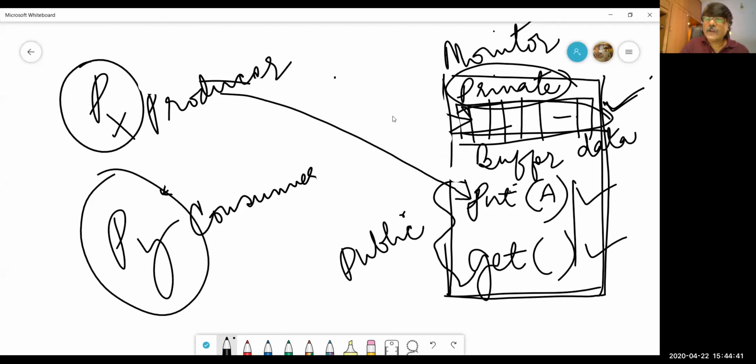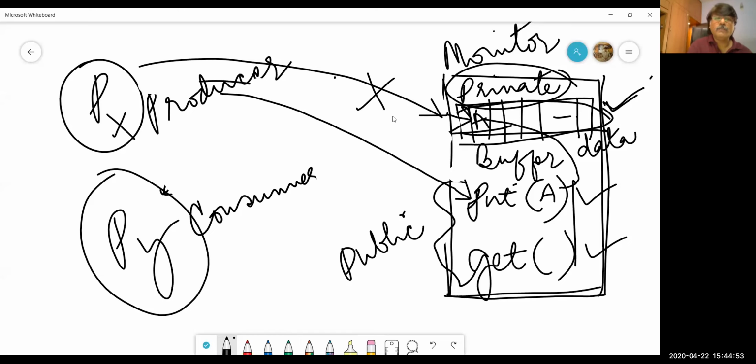The monitor, on behalf of the producer, will put this information in the buffer. That means the producer cannot directly put the information in the buffer. Instead, through the function provided by the monitor, which is public, it supplies the data, and the data will be put by the monitor into the buffer.